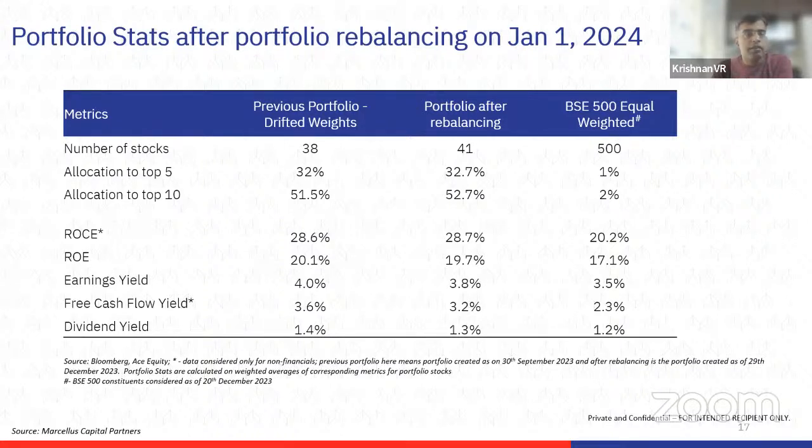Broadly in this most recent rebalance, we had 7 entries and 4 exits, and the portfolio has around 41 stocks now versus 38 before the rebalance. And like you can see, ROCE and ROE, which are the markers for the profitability of the stocks in the portfolio, the weighted average numbers have hardly changed. And when you look at the valuation of the portfolio stocks, earnings yield and free cash flow yield are also broadly comparable.